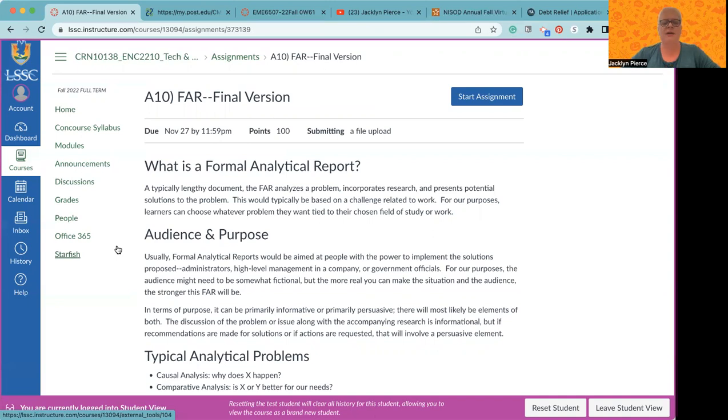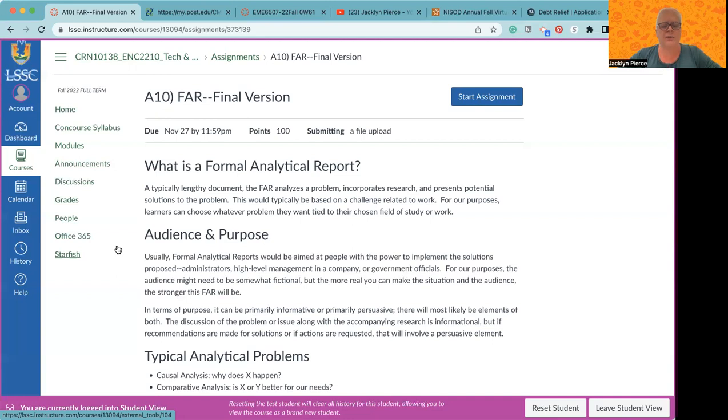This would typically be on a challenge that's related to work, but as we've been doing for our purposes, if you want to focus more on what you are planning to study here at Lake Sumter and beyond, since that's probably your more immediate focus, that's fine. You can even do it on a hobby or an interest if you want to get technical.